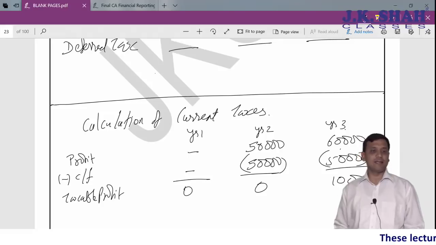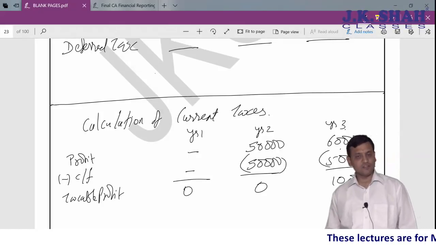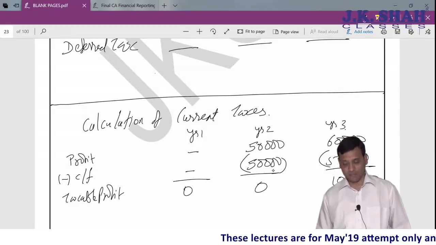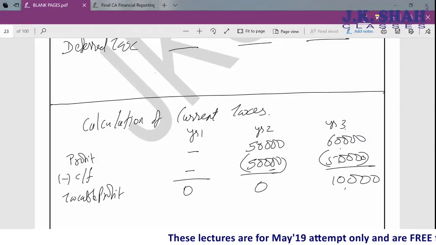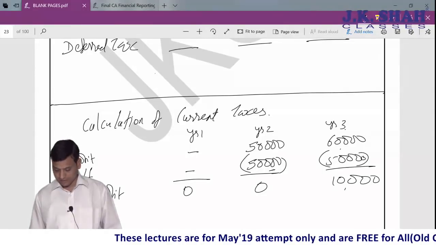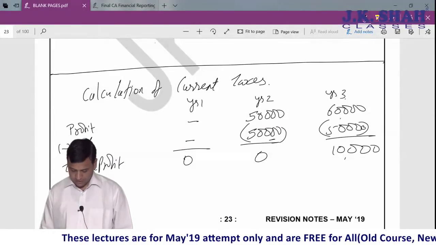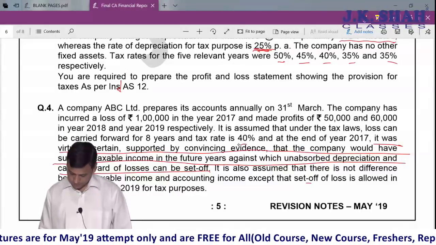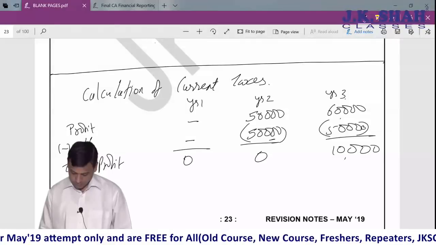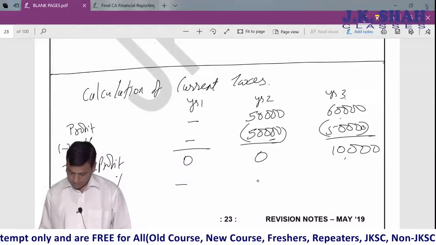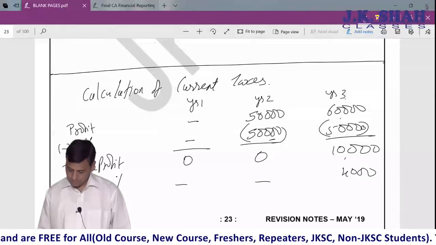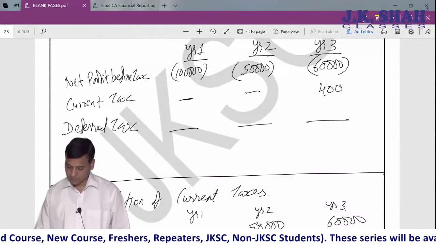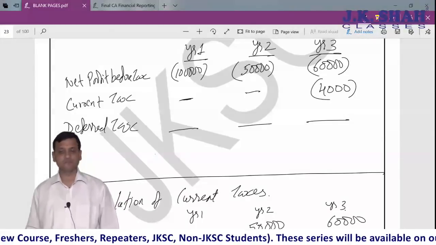In the first year there is a 1 lakh loss, so obviously no taxable profit. But that 1 lakh will be carried forward, so in the second year I will get a benefit of 50,000. Third year also I will get a benefit of 50,000. So total 1 lakh is there. So current tax, what is the tax at the rate of 40%? Here dash, 4,000.